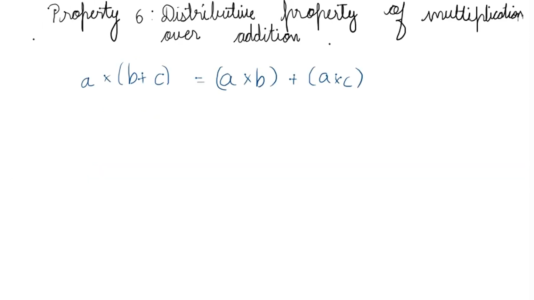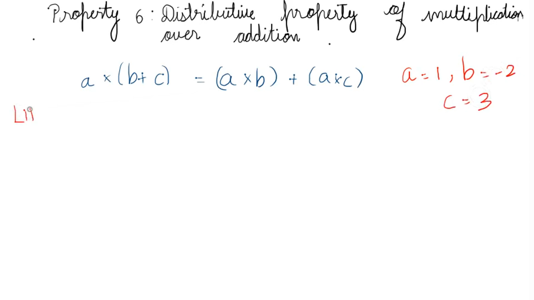So then the next property is the distributive property of multiplication over addition. It states that A into (B plus C) is equal to A into B plus A into C. Now let us check this with an example where A is 1, B is -2, and C is 3.